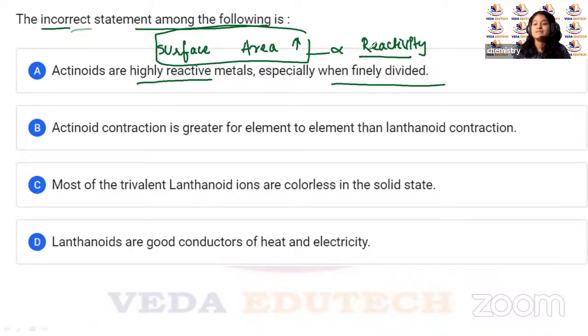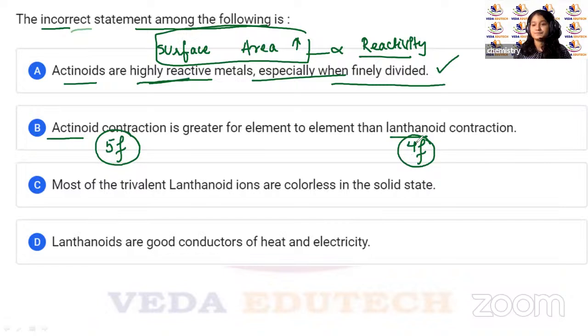So can I say that the first statement is correct? Definitely. Actinoids are highly reactive metals, especially when finely divided. Okay. Actinoid contraction is greater from element to element than lanthanoid contraction. We know that 5f is in the filling process in case of actinoid, and in case of lanthanoid, 4f is in the filling process.